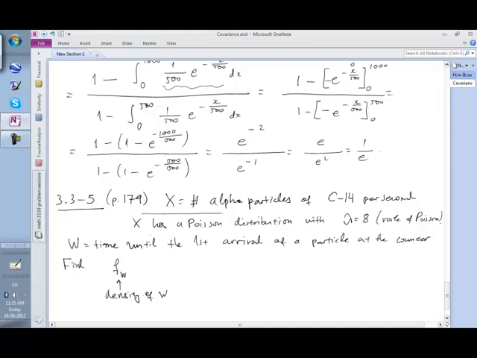So since X has a Poisson distribution and W is the waiting time until the first arrival, we know that W has an exponential distribution.